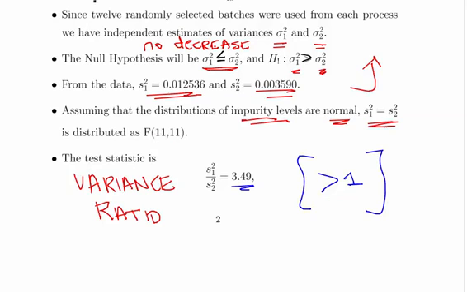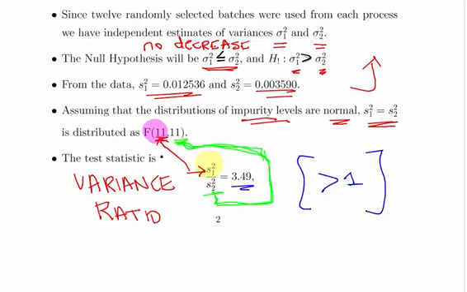Whatever goes above the line is reflected in the first of the degrees of freedom, so S1 squared is the first, and the second one, which is the denominator, is reflected in the second of the degrees of freedom.